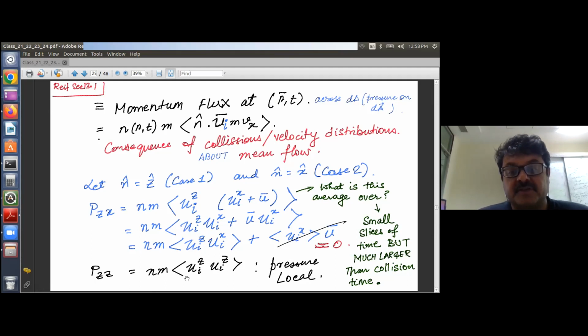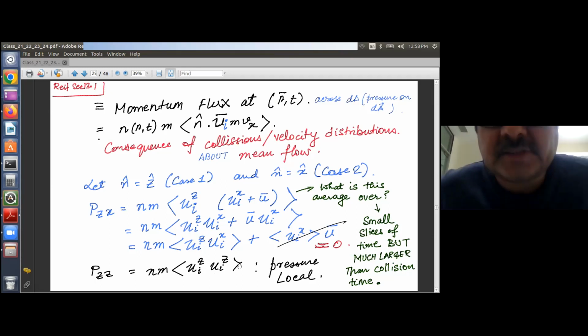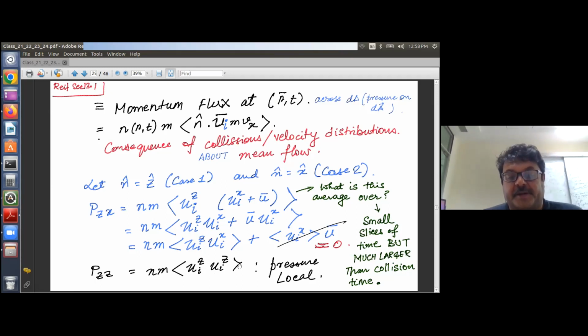Even if there was a mean velocity, it would not contribute to the pressure. It is the fluctuations that decide the local pressure. That's due to small volume particles interchanging positions, and you are averaging over all values of the velocity vector. That's what it means. So keep this in mind.